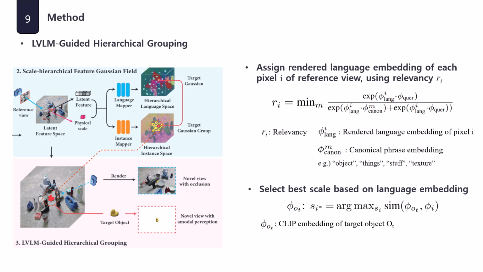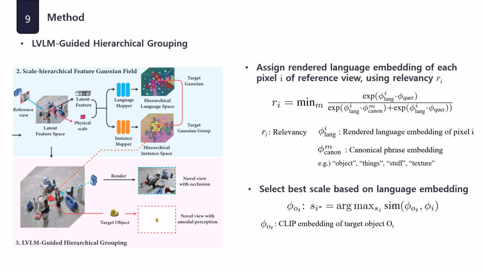First, assign relevancy to rendered pixels. For the current input view, we render the learned language features from our hierarchical language space to each pixel i. Then, we calculate a relevancy score for each pixel. This score measures how specifically the pixel's rendered language embedding matches the implicit query embedding, compared to its similarity with more generic, canonical phrases embeddings.